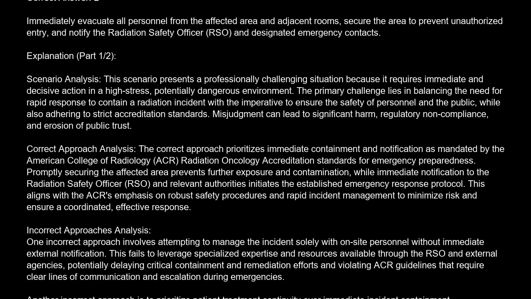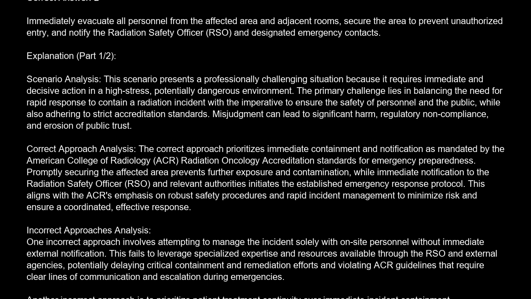Misjudgment can lead to significant harm, regulatory noncompliance, and erosion of public trust. Correct approach analysis. The correct approach prioritizes immediate containment and notification, as mandated by the American College of Radiology, ACR, Radiation Oncology Accreditation Standards for Emergency Preparedness.